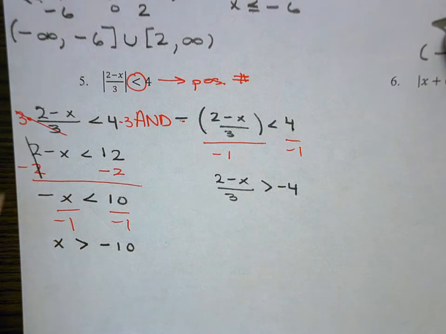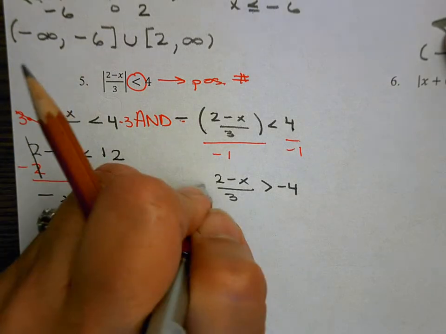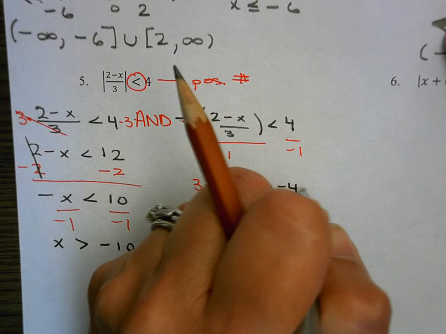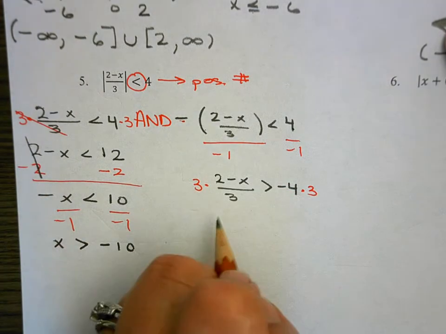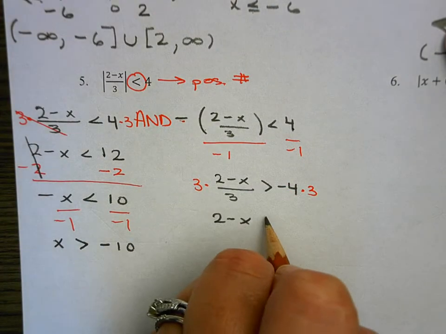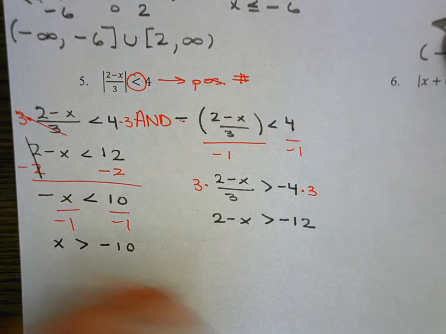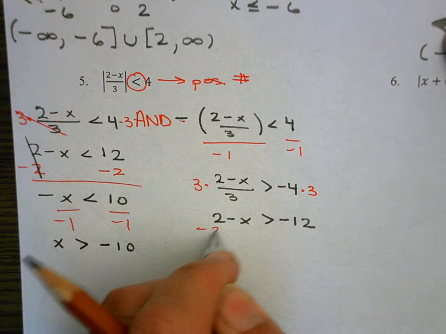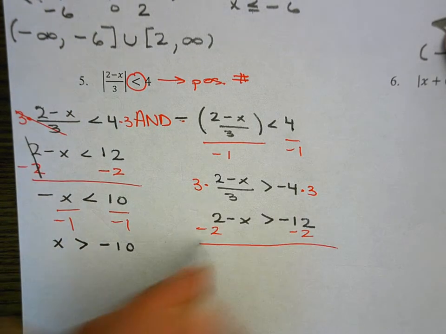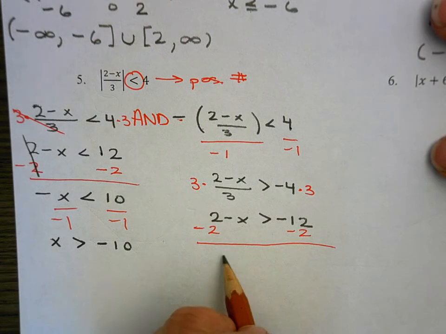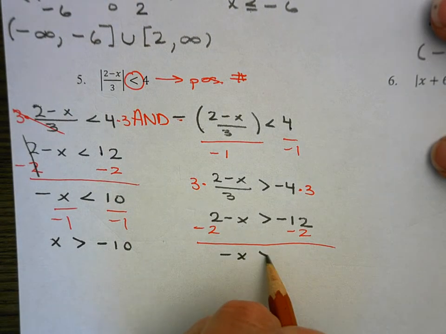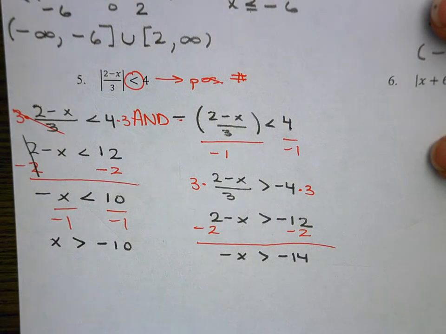And then I'm going to get rid of the divide by 3, so I'm going to multiply both sides by 3. And then I want to subtract 2. And then divide by -1.